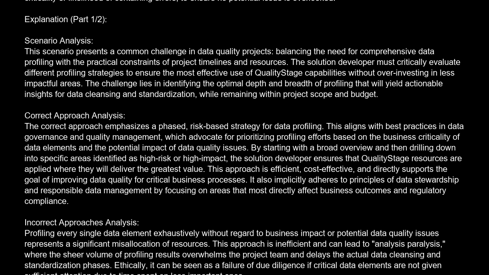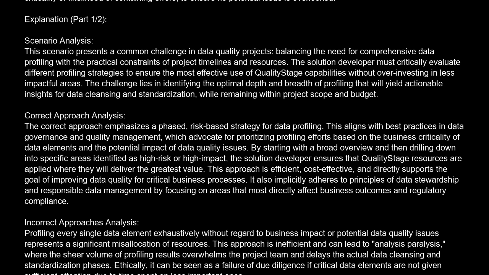It also implicitly adheres to principles of data stewardship and responsible data management by focusing on areas that most directly affect business outcomes and regulatory compliance. Incorrect approaches analysis. Profiling every single data element exhaustively without regard to business impact or potential data quality issues represents a significant misallocation of resources.